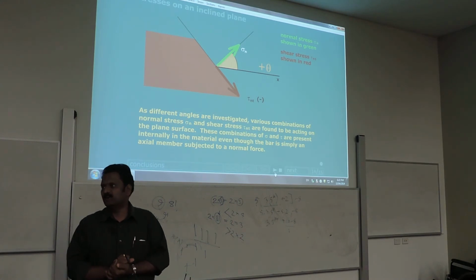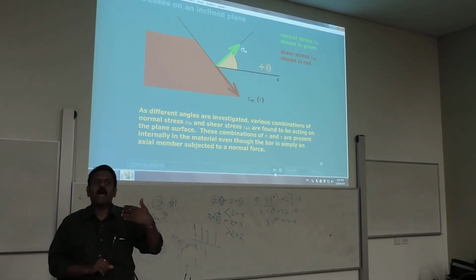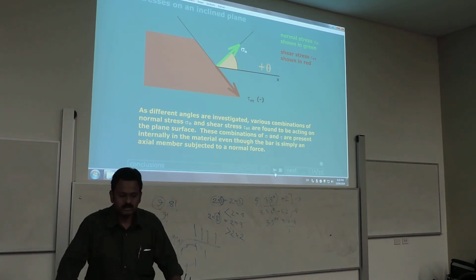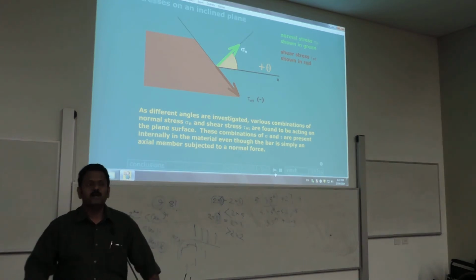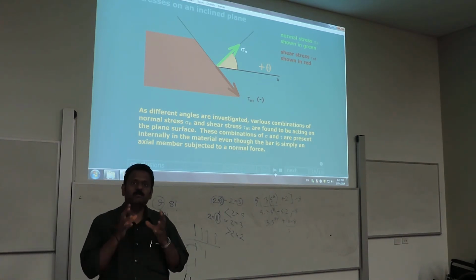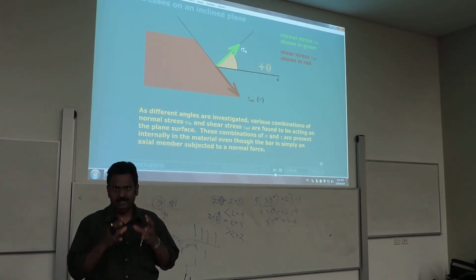This concept is very important as we are now going to move forward and talk about the concept of stress tensors, where we want to see the behavior of any given element in a material point.